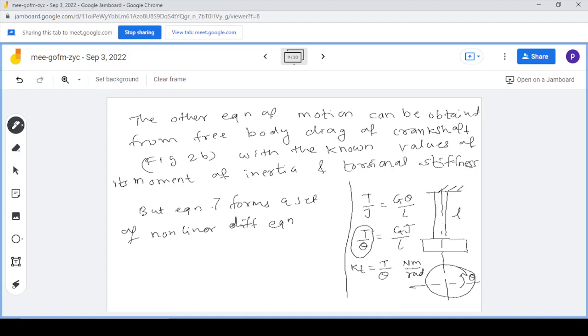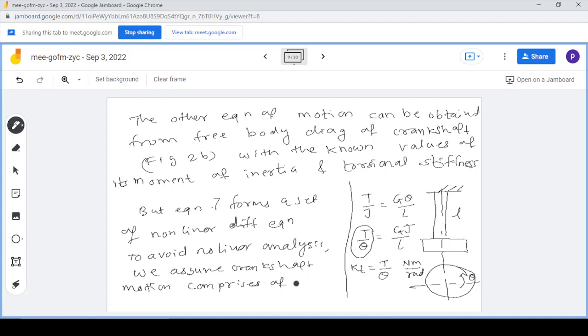So to avoid non-linear analysis, we assume the crankshaft motion comprises of uniform motion.